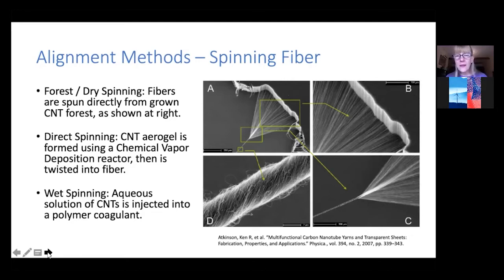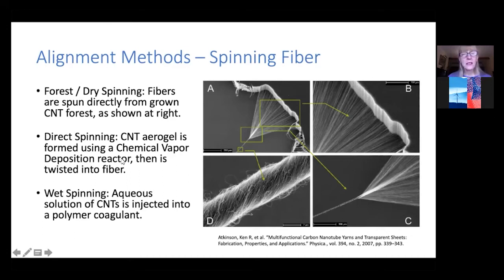You can see in the images, here are the nanotubes. They're being spun into an individual twisted fiber, D. This is a way to get a fairly high strength yarn from carbon nanotubes that are coming from this forest of nanotubes that have been grown.